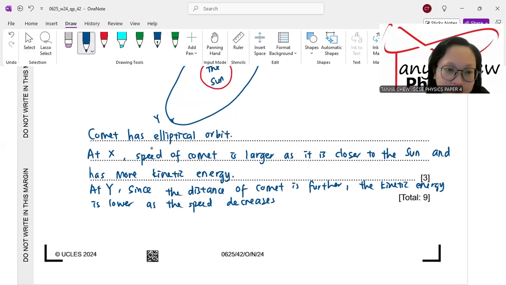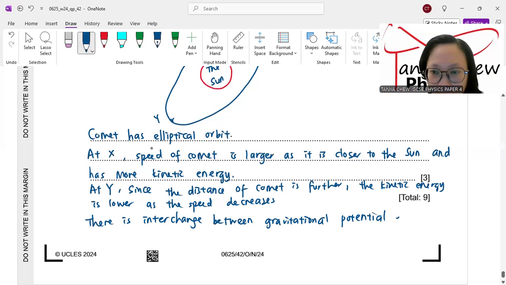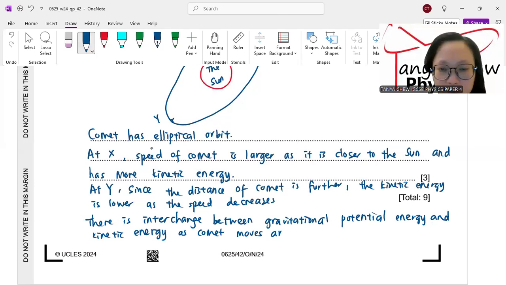Of course, I will state that there is interchange between gravitational potential energy and kinetic energy as comet moves around the sun.